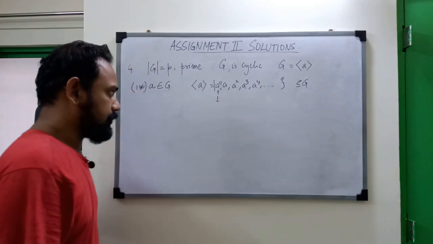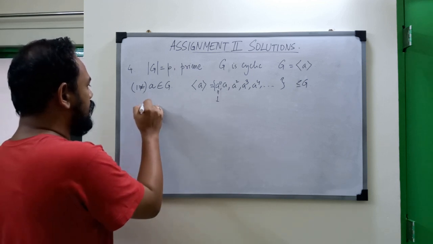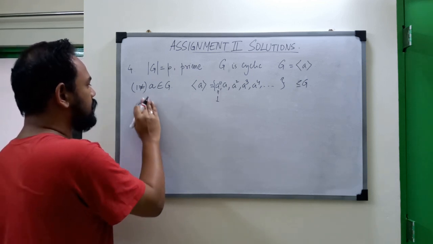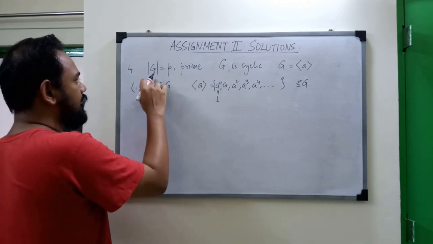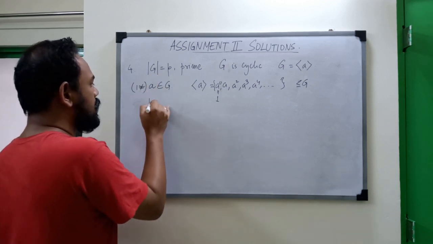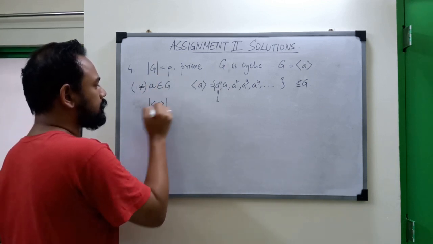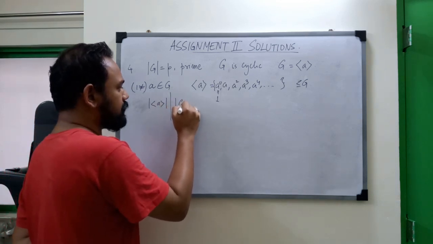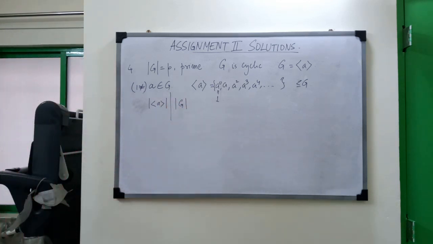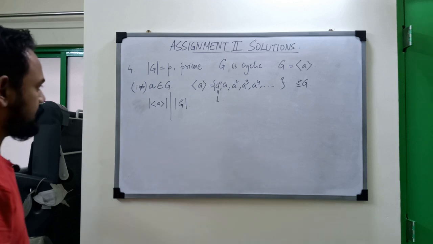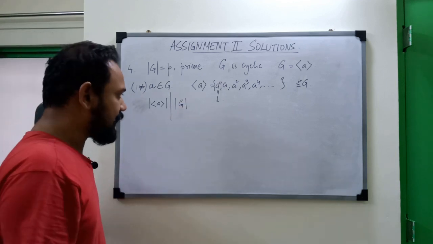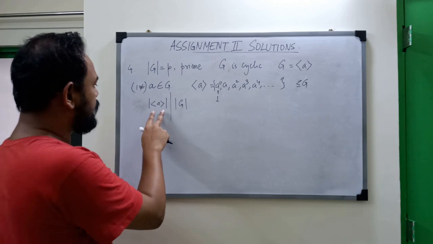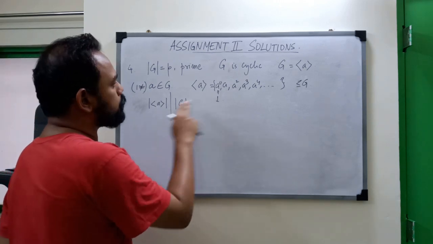And by Lagrange's theorem, the order, which we're writing like mod here, of this subgroup should divide the order of G. Isn't it? Lagrange's theorem. We've done that whole proof in the assignment. Order means the number of elements.